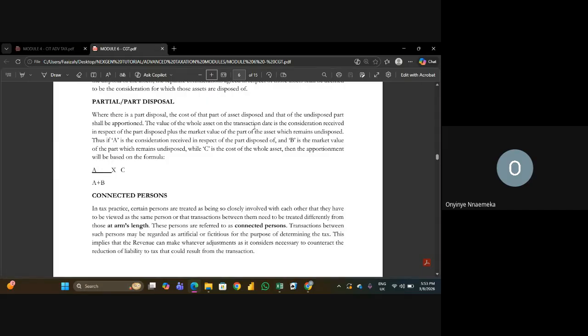Let me take a realistic example. You have a land, you bought 1 plot or 2 plots of land, then you built your house. After building the house, you saw that you only built your house on 1 plot.